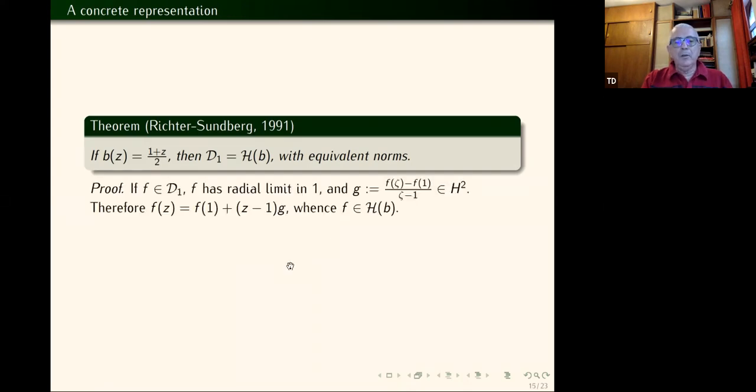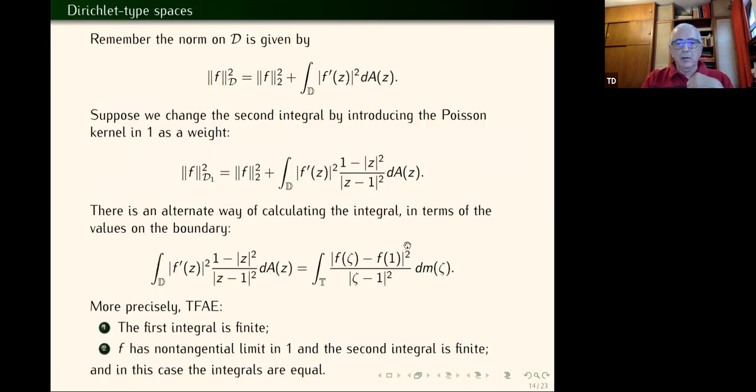And the proof is, in fact, in this context, they proved more in that paper, but in this context, it's not very complicated. We know that if f is in D1, f has radial limit in 1, and then this is what I said before, and g is in H2. You see here. Here is exactly this thing that g is in H2.